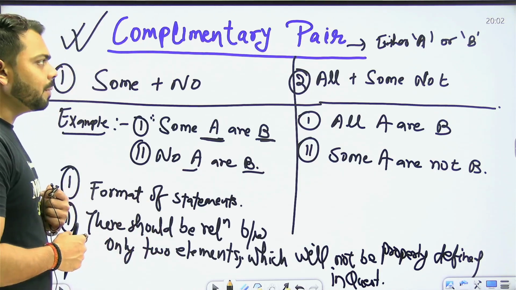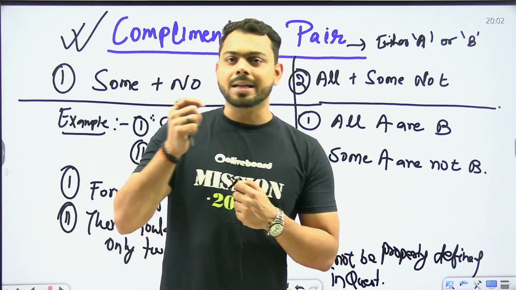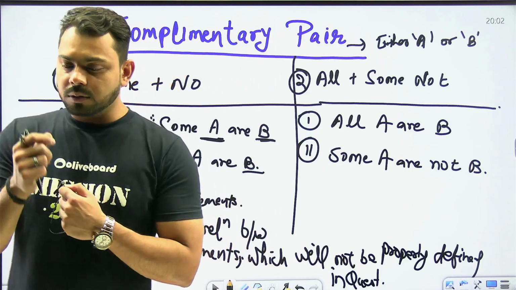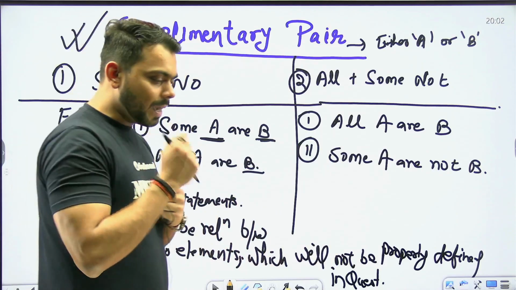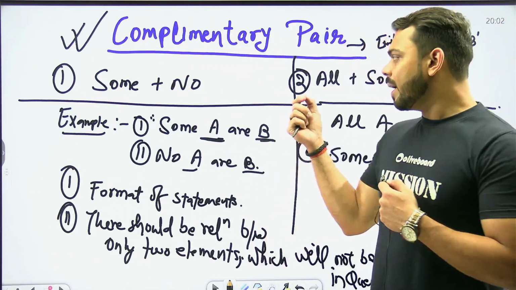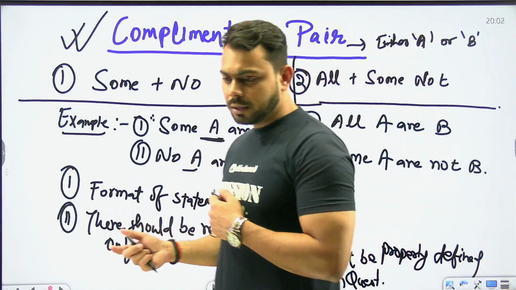Whenever there is a complementary pair, you have to choose only one option, that is, either conclusion 1 or conclusion 2 follows. So these are the conditions you have to check when you see a complementary pair in the conclusion part.